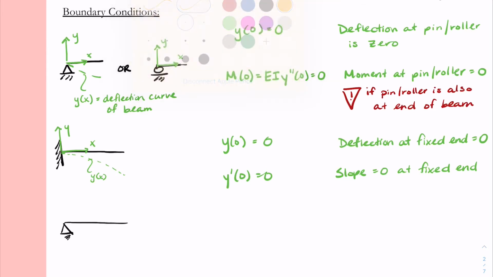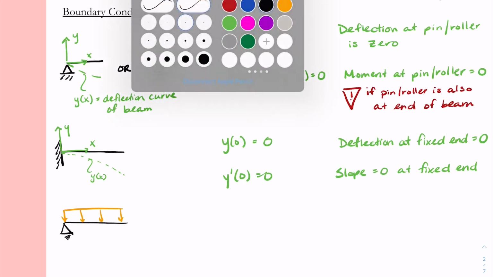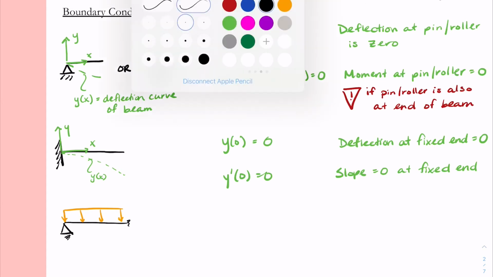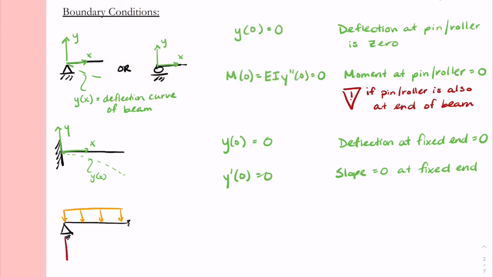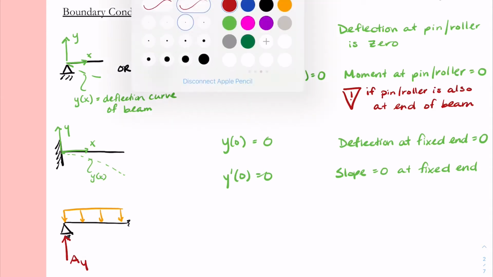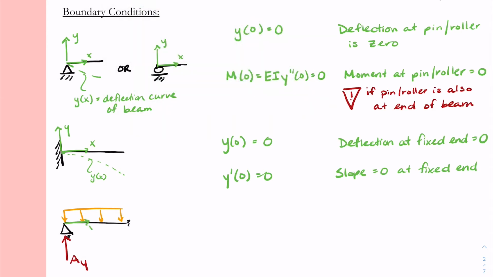Moving on, let's take a look at a case where we have a beam with some sort of distributed load on it. And I'll just kind of take this to an end. If the support is located at the end and we have some sort of reaction, we could set up some of our boundary conditions in terms of this reaction.